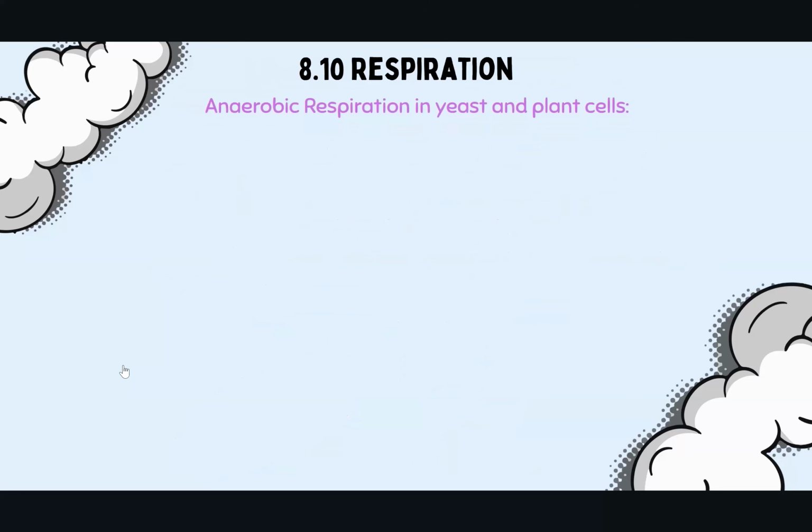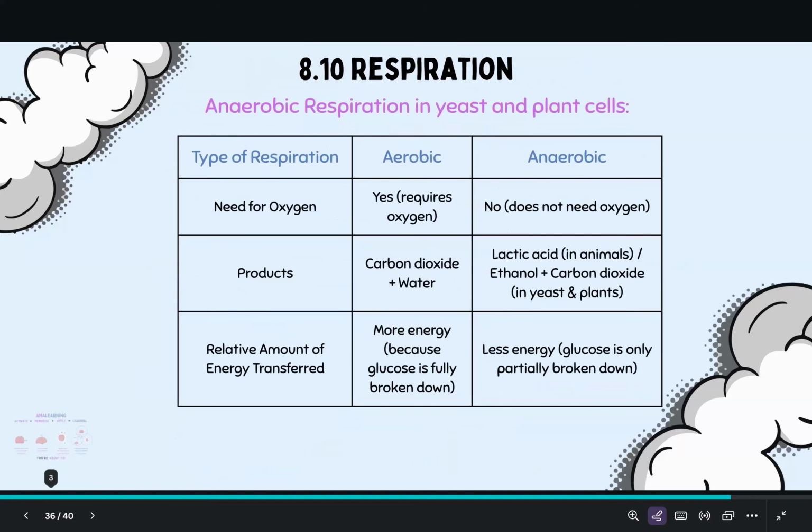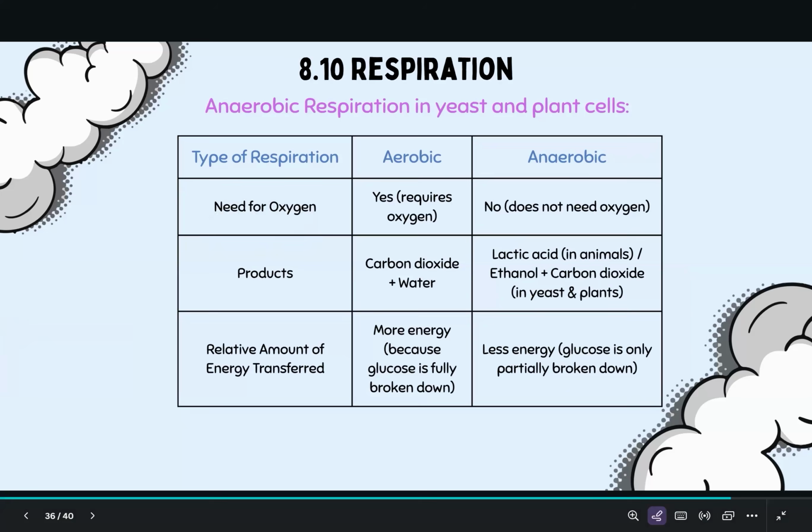Now, anaerobic respiration in yeast and plant cells, this is a comparative, and it's a very easy question to turn into a 6-marker. So you should know this properly. So aerobic respiration, does it require oxygen?